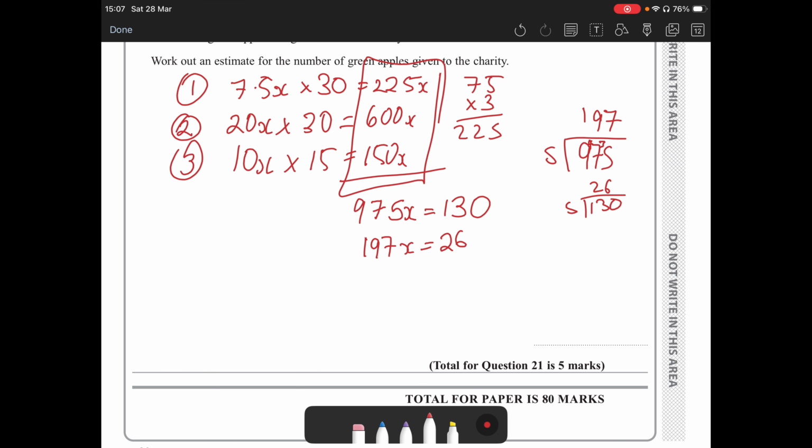Now, I'm hesitating because these are really diabolical numbers here. In my head, I'm thinking I know that 13 is in the 26 times table, but is that in the 195? Can I divide this by 13? I don't know. Let's try it. 195 goes into 13 once, remainder 6.